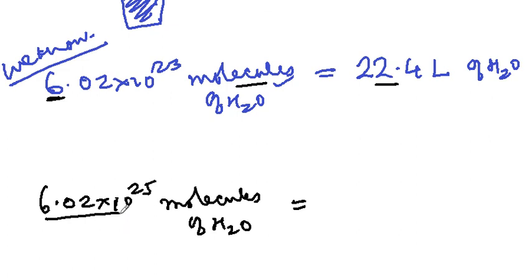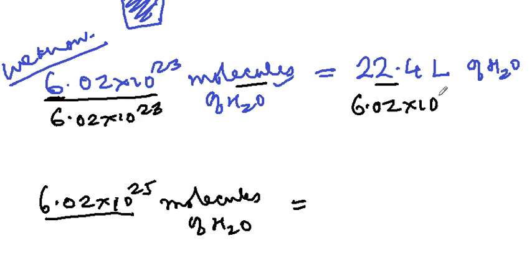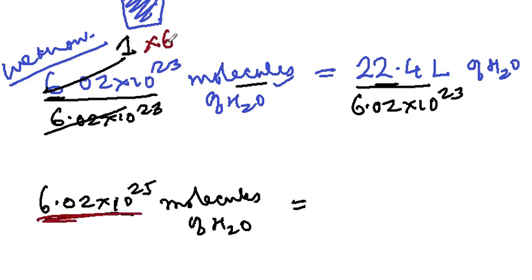What will be the price for this many chocolates? So we are going to divide this with 6.02 into 10 to the power 23 on both the sides. When we divide this on both the sides, we get 1 molecule of water. 1 molecule of water will have this much volume, but we want it for 6.02 into 10 to the power 25. So we are going to multiply it by 6.02 into 10 to the power of 25 on both the sides.